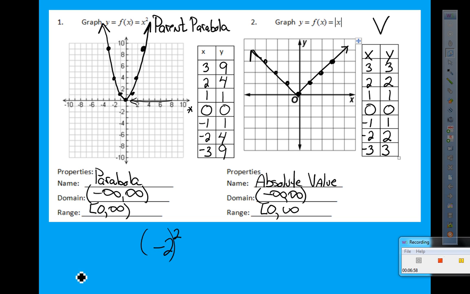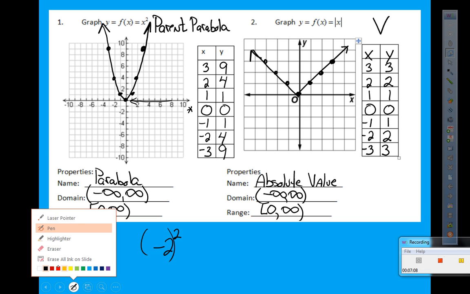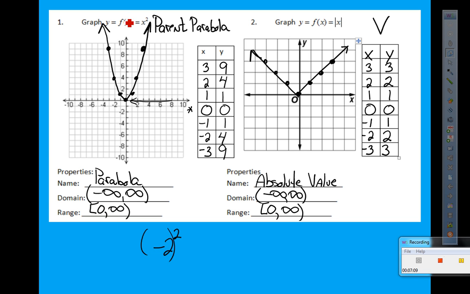Hey, I'm going to point out a couple of things that I won't point out on the rest of them. These have what we call a line of symmetry. There's a line of symmetry that goes right down the middle of both of these. This line of symmetry means this. If there's a dot here, there's also a dot there. If there's a dot 2 units this way, there's a dot 2 units this way. If there's a dot 1 unit this way, there's a dot 1 unit this way.